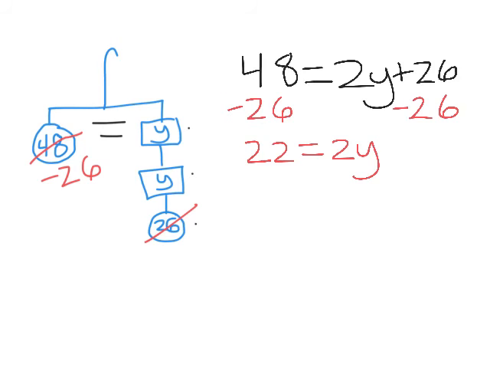Well, what number times 2 gives me 22, or I could think about this as dividing both sides by 2. It's the same thing, just a different way to show it. And that gives me 11 equals, instead of 2 y's, I just have 1 y.